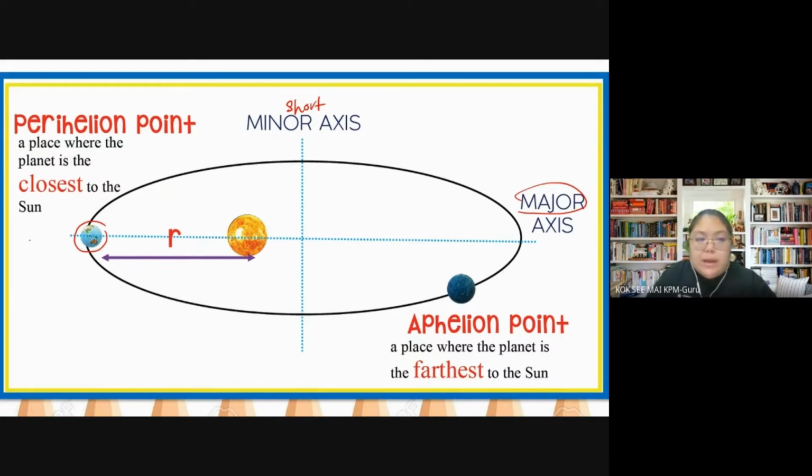This point is the perihelion point, the place where the planet is closest to the sun. Then when it goes from the sun to this part, this part we call the aphelion point. The aphelion point is the furthest from the sun, very far away from the sun.